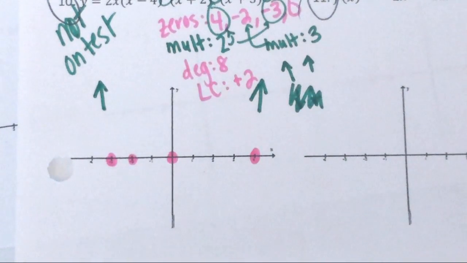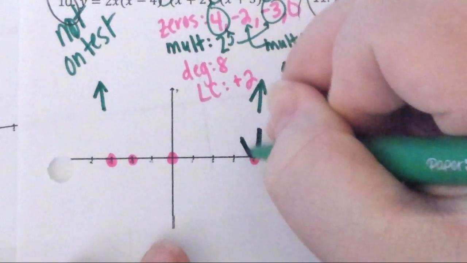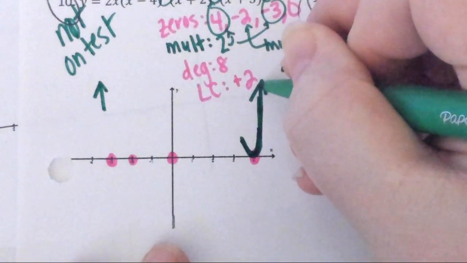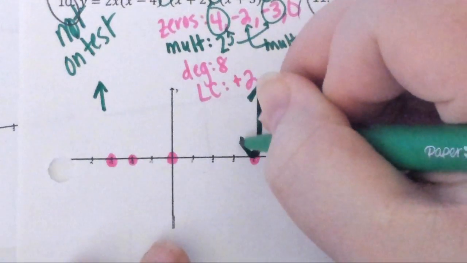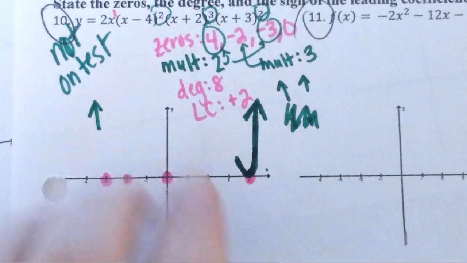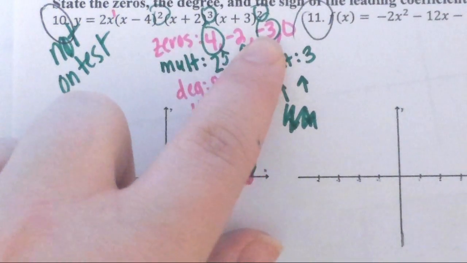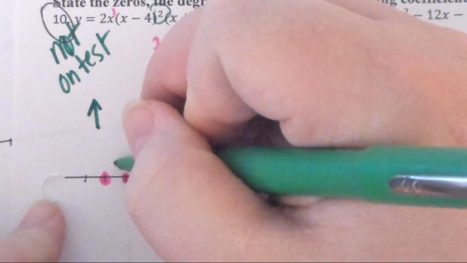Since at 4 we have a multiplicity of 2, I know there has to be like a parabola at 4. Some of us missed this part on our checkpoint and got sent back for that. Don't forget about the multiplicity. If it's an even multiplicity, we need to have a little hump there. We still have an even multiplicity at -3. Yep, so I still need to do a little hump at -3.